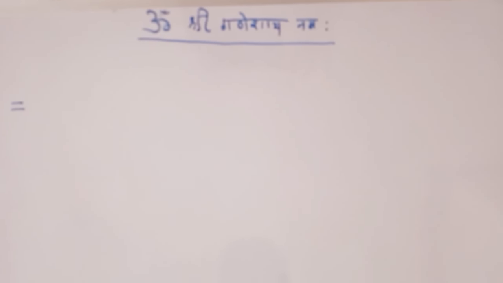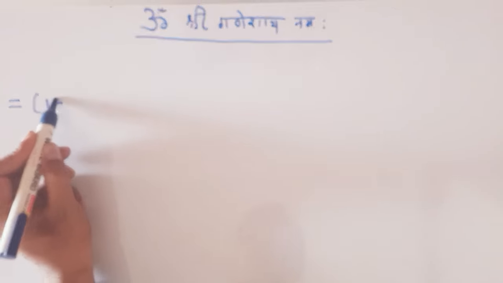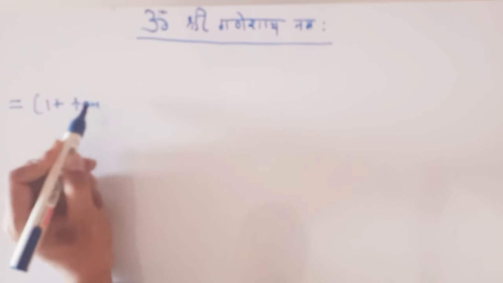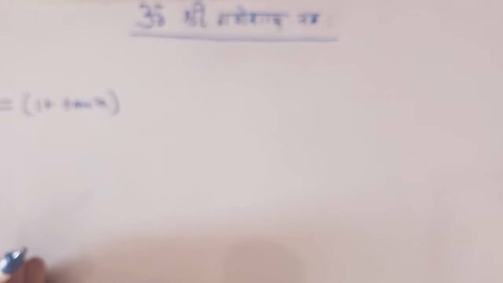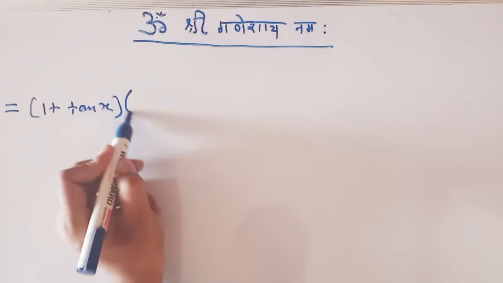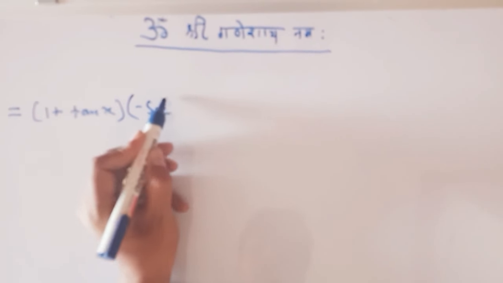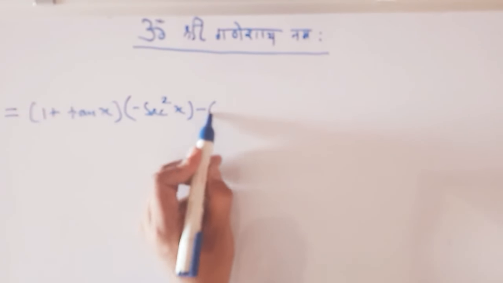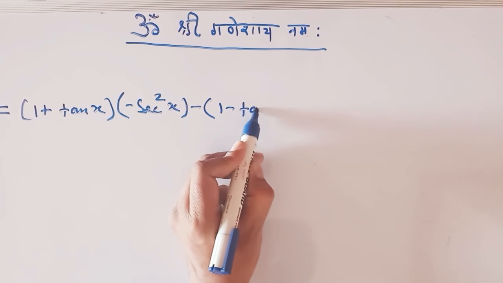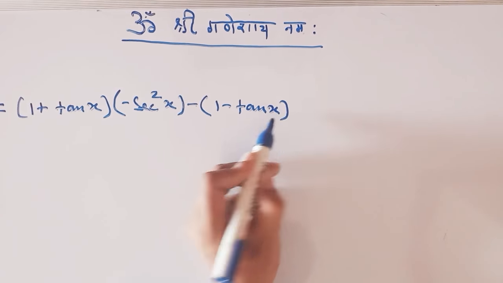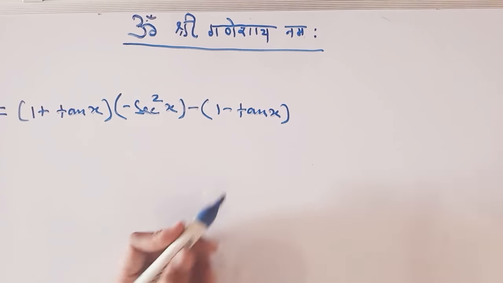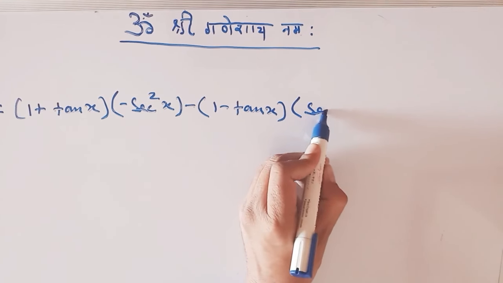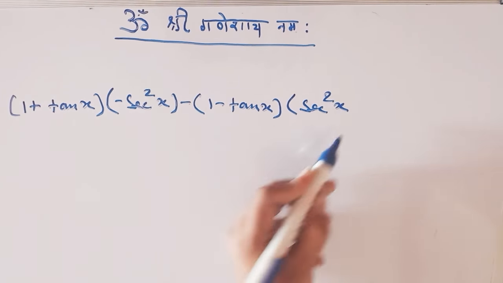This is equal to (1 plus 10x) multiplied by minus sec square x, minus (1 minus 10x) multiplied by sec square x.